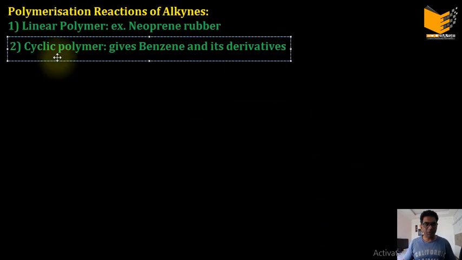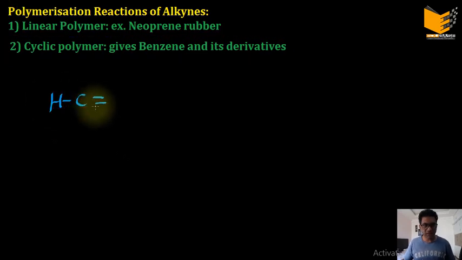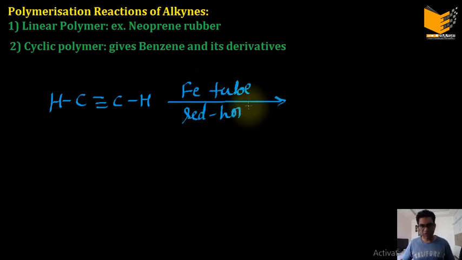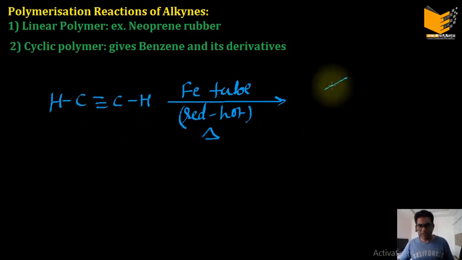The next type of polymer we're going to talk about is the cyclic polymer that results from acetylene, or alkyne. Let's say we take acetylene, and if this is heated in an iron tube, a red hot iron tube in fact, so you need to heat it to very high temperature, acetylene gives you benzene.